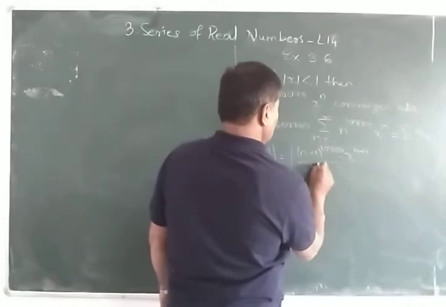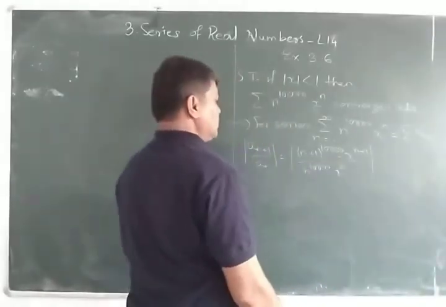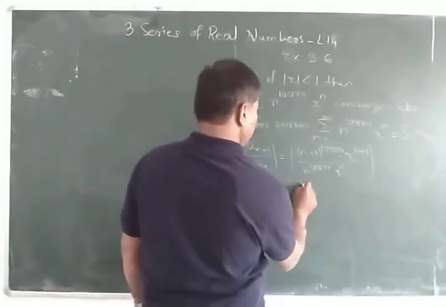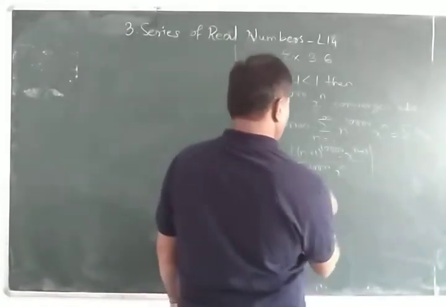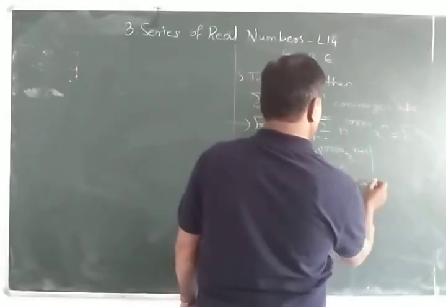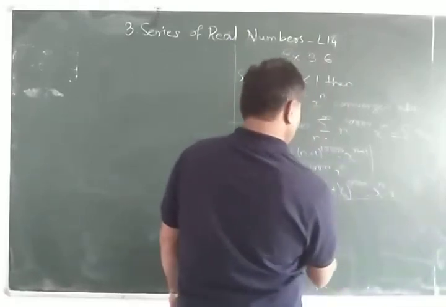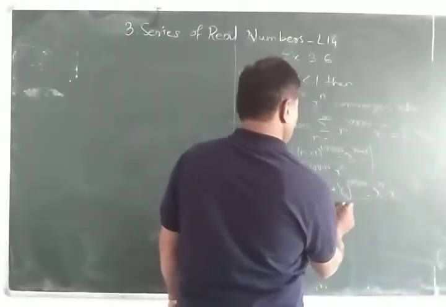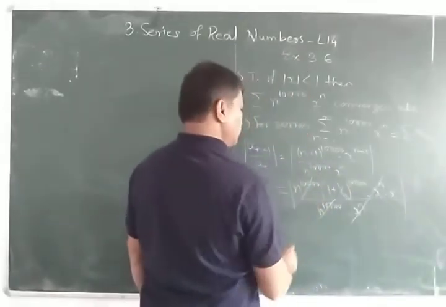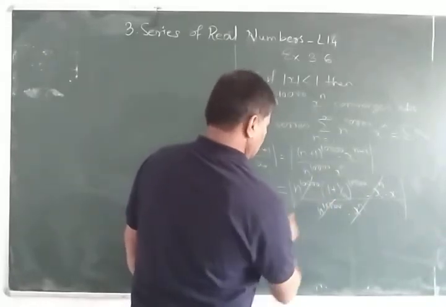n raised to 10,000 into x raised to n, which is equal to n raised to 10,000 into (1 plus 1 upon n) raised to 10,000 into x raised to n into x upon n raised to 10,000 into x raised to n. The x raised to n and n raised to 10,000 get cancelled and we will get this term.